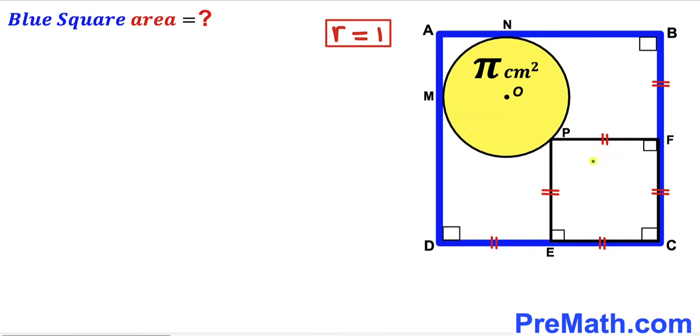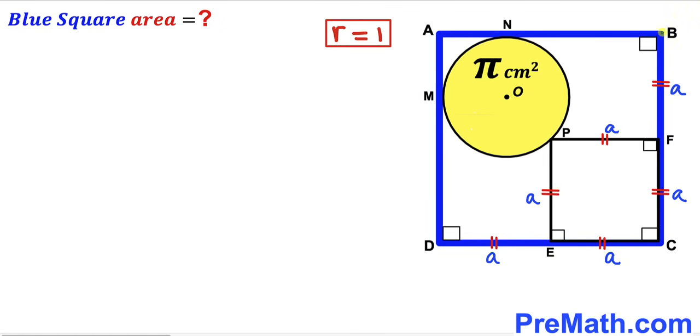And here's our next step. Let's focus on this square PECF. I'm going to label its side lengths as lowercase a across the board. And since this segment DE equals this segment EC, if this segment is lowercase a, then this is going to be lowercase a as well.